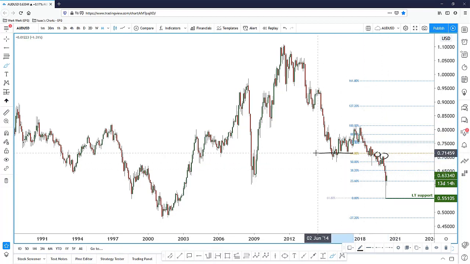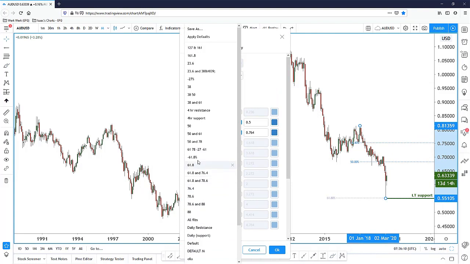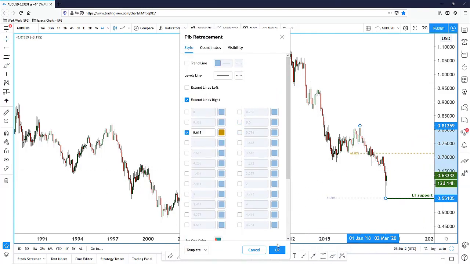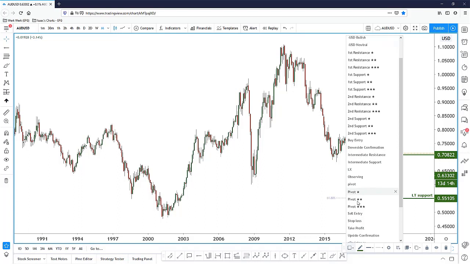And in fact, if we were to extend it further back, it moved around this area as well. So we'll use the 61.8 Fibonacci ratio, and then we'll put in our graphical line. And that's a line here. Let's call this our long-term resistance.